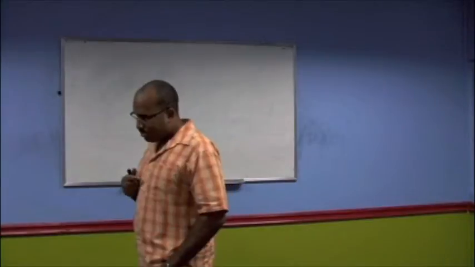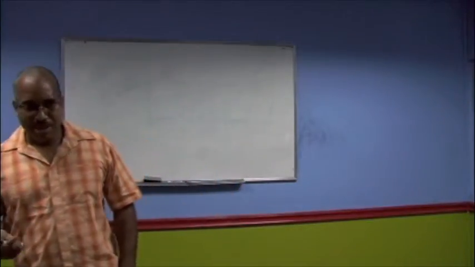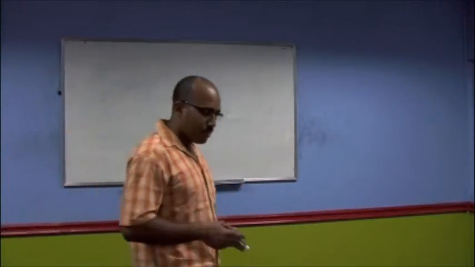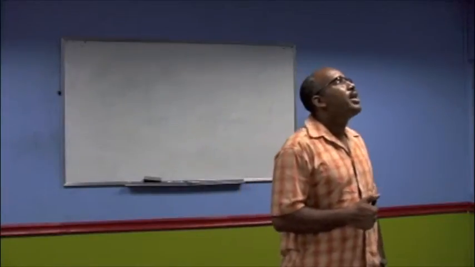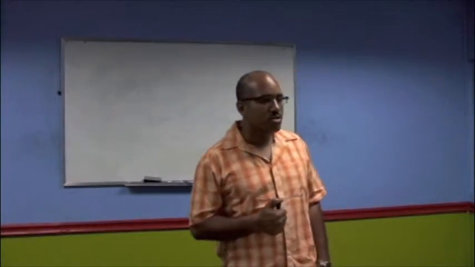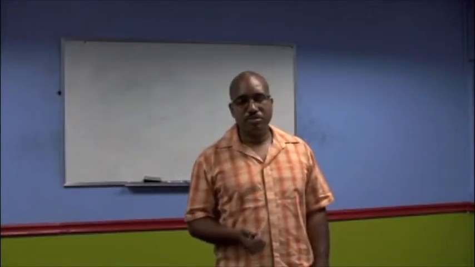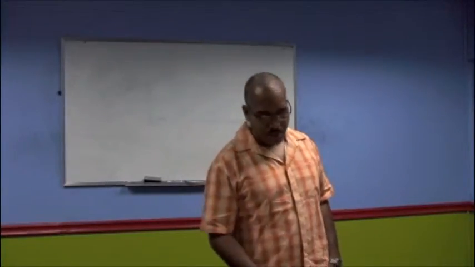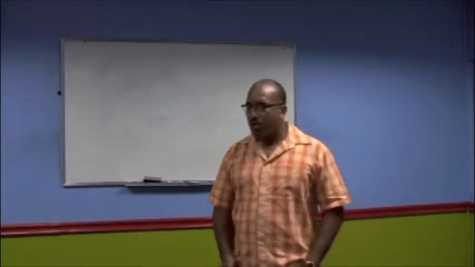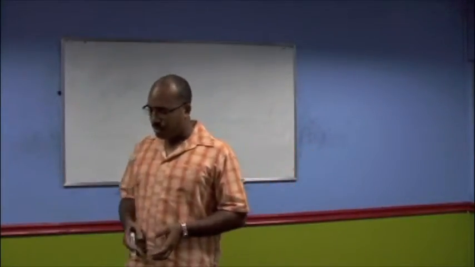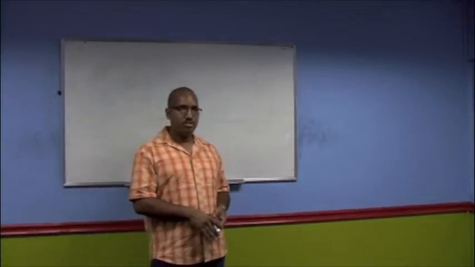We won't look at an example of that because of the limited time, but I think it's important for you to understand what the time complexity of Kruskal's algorithm would be. The first thing you're going to do is take a list of all the edges.